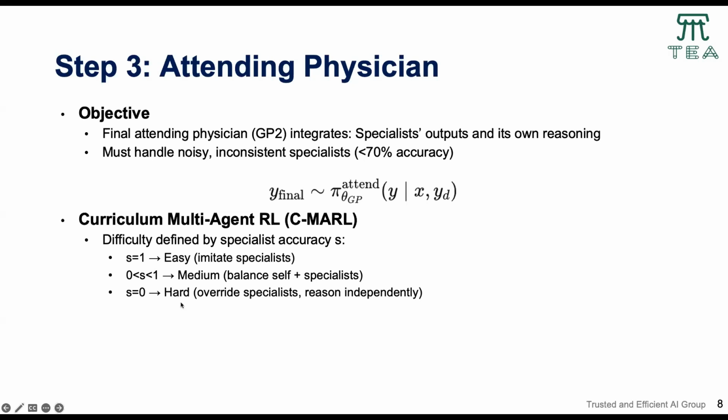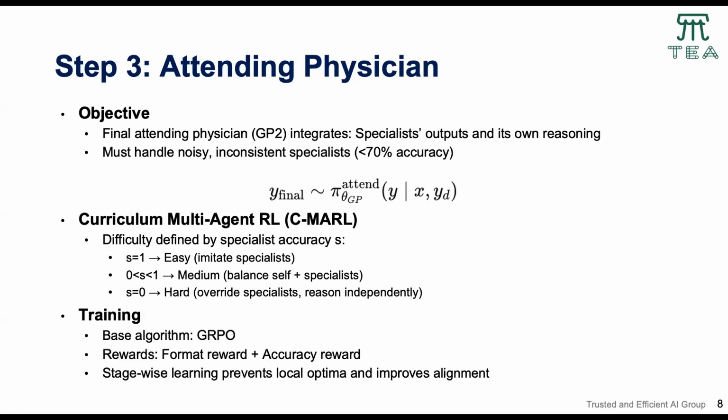And for the hard questions, they override the specialist and reason independently. The training is also conducted by GRPO, and it also uses rewards, including format and accuracy. Yeah, so this step aims to get stage-wise learning, prevent local optima, and improve alignment.